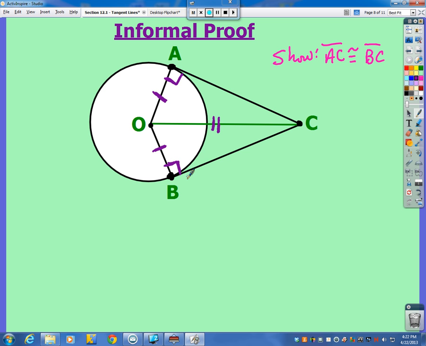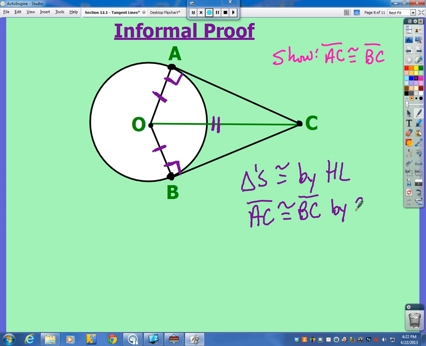Oh, no. But this is the special ASS because the angles are 90. So these two triangles are congruent by HL. So AC must be congruent to BC by CPCTC. So we can conclude that two tangents from the same point outside of the circle are in fact congruent.